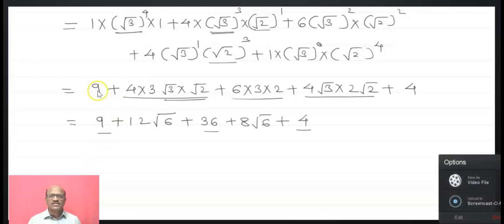Now see this here. This is the 9, 12 root 3 root 2, that is root 6, and this is the 36. What 4 into 2, that is 8, root 6 plus 4.